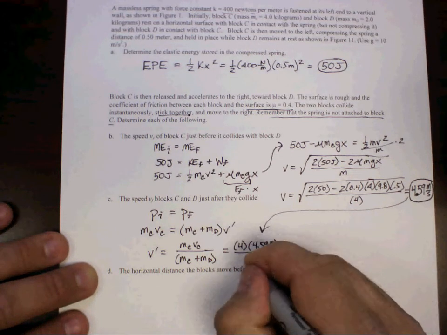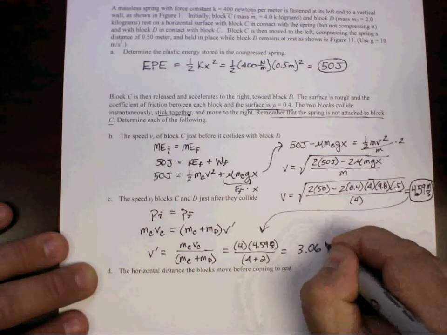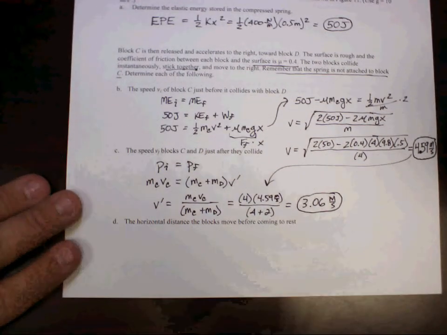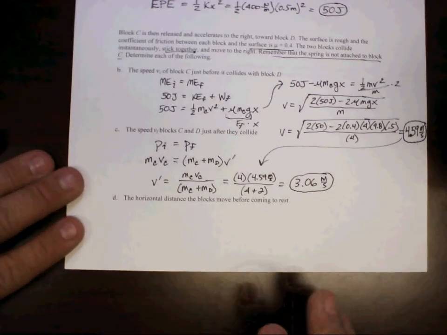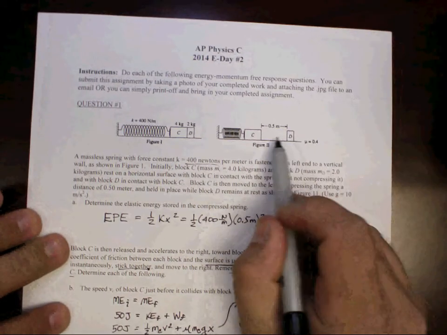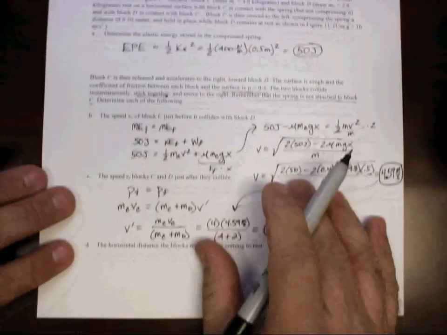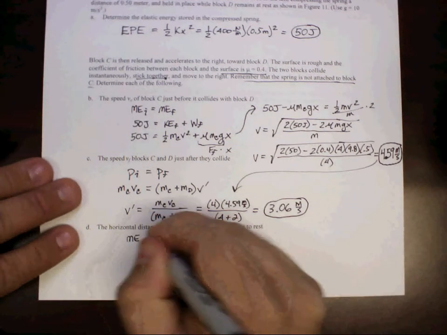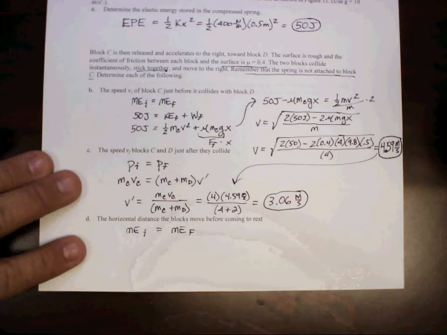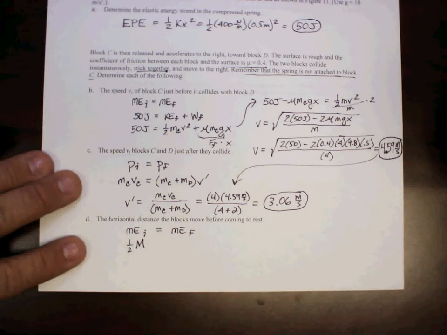Then we get to part C, the speed of blocks C and D just after they collide. So we're going to use momentum initial equals momentum final. We use conservation of momentum because these blocks are going to hit, and they say they stick together, so they're going to move off together. This becomes a pretty easy one. The mass of C times the velocity of C before, because it has momentum before the collision, is equal to the mass of them together, mass of C and D together, times v prime.